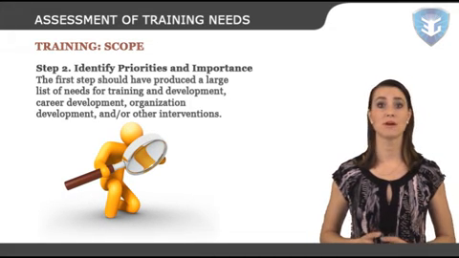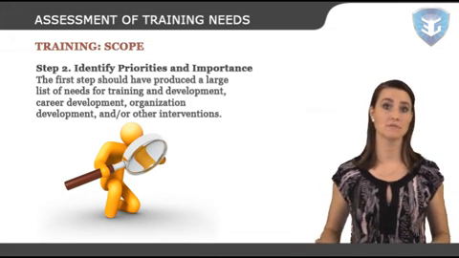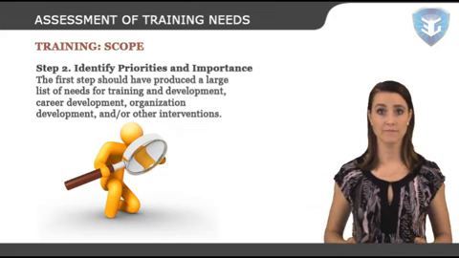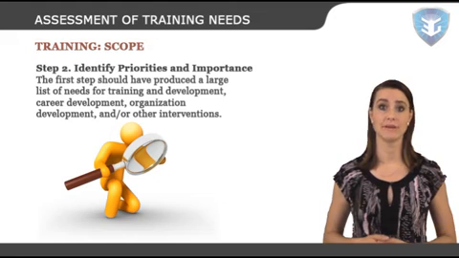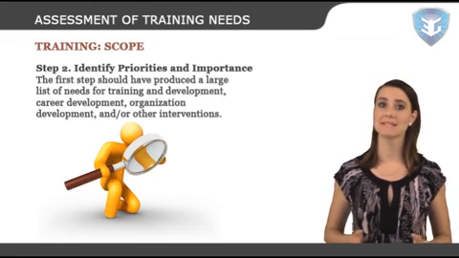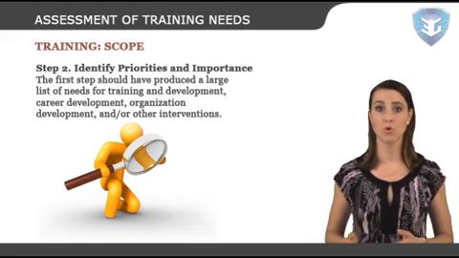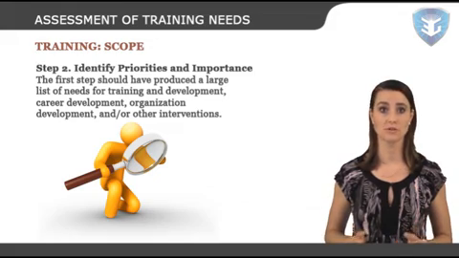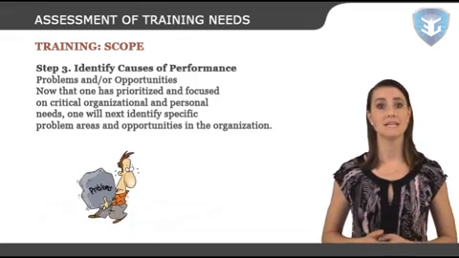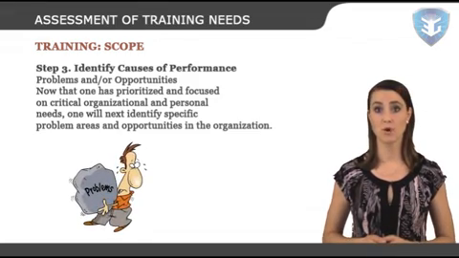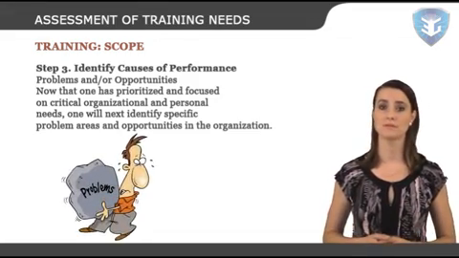The first step should have produced a large list of needs for training and development, career development, organization development, and/or other interventions. Now one must examine these in view of their importance to organizational goals, realities, and constraints. Step 3. Identify causes of performance problems and/or opportunities.